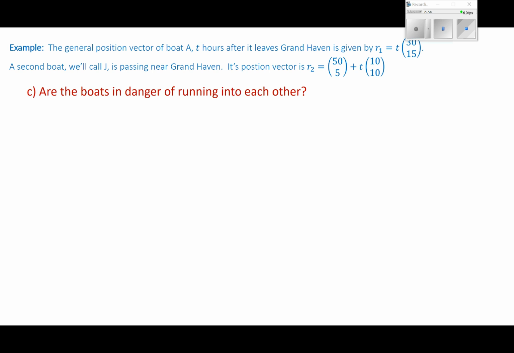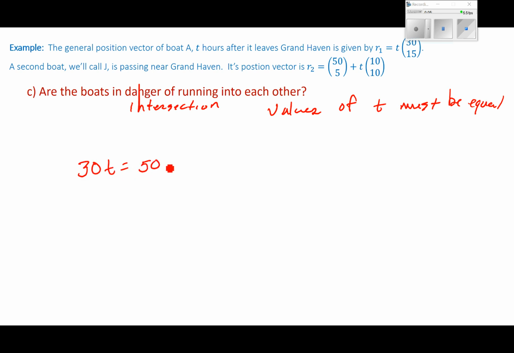Now, are the boats in danger of running into each other? If they run into each other, there's going to be an intersection. So we need to figure out whether these in fact intersect. If they intersect, then our values of t must be equal. So we can compare these two. 30t has to be equal to 50 plus 10t.